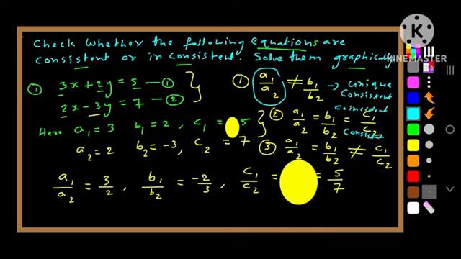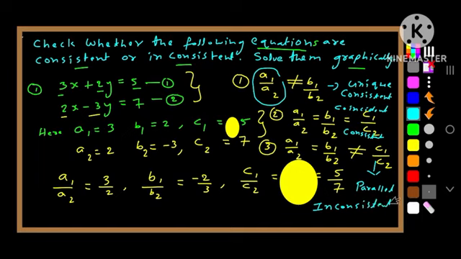So the next situation is a1 by a2 is equal to b1 by b2 is not equal to c1 by c2. When you have this type of situation, you will get parallel lines, and you will get an inconsistent solution.